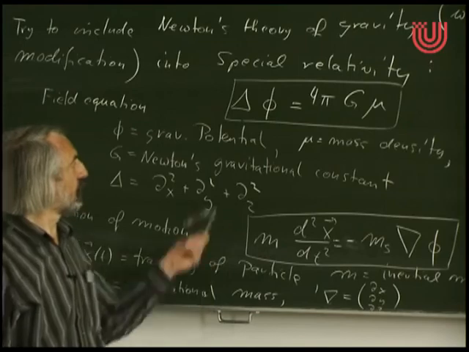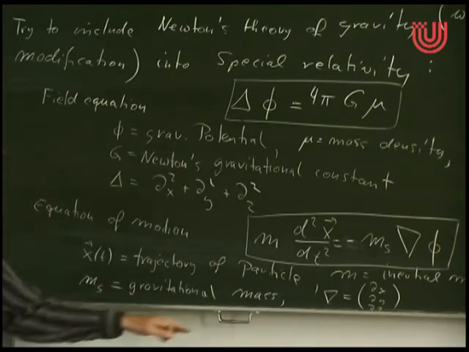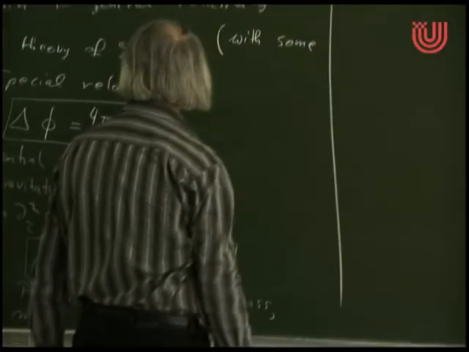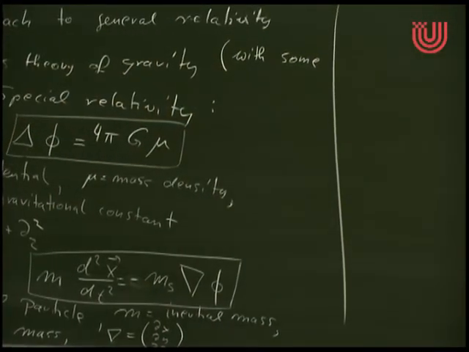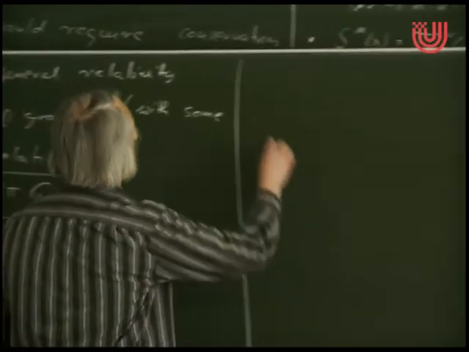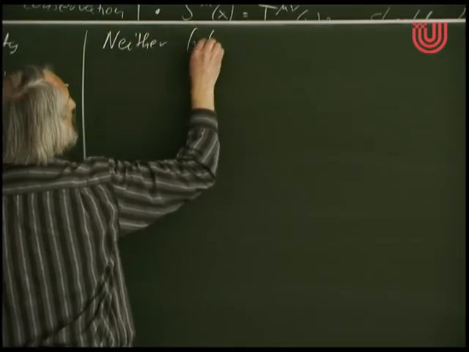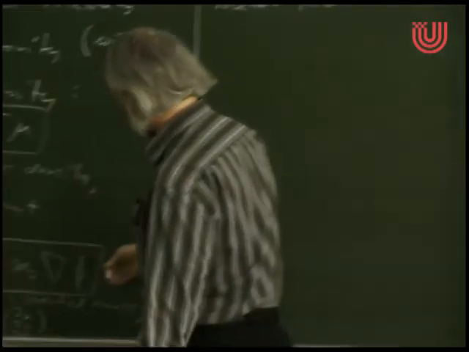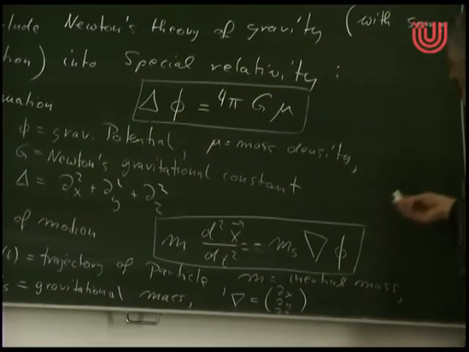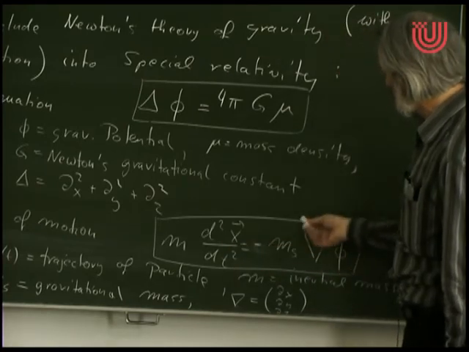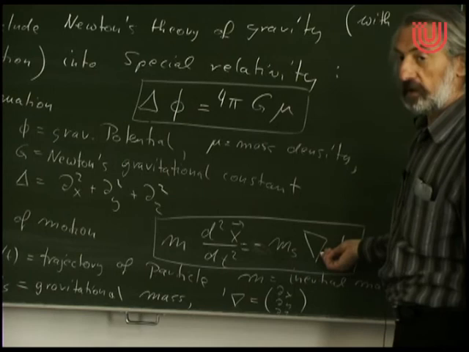So also from this point of view, it's a very natural idea to obtain Lorentz invariance by replacing the Laplacian by the wave operator. We have only talked about the field equation, but if you look at the equation of motion, you have the same problem. You see obviously that the del operator doesn't involve a time derivative.